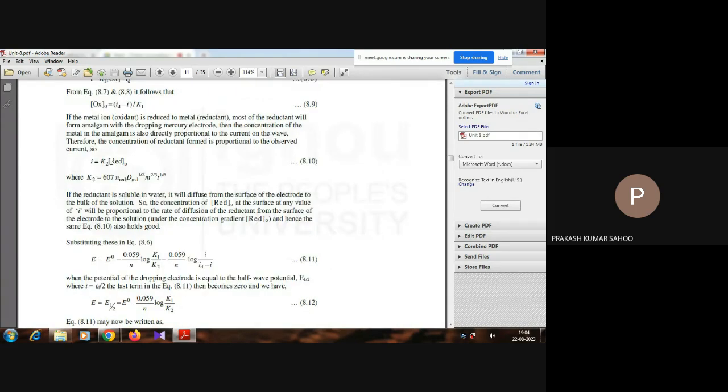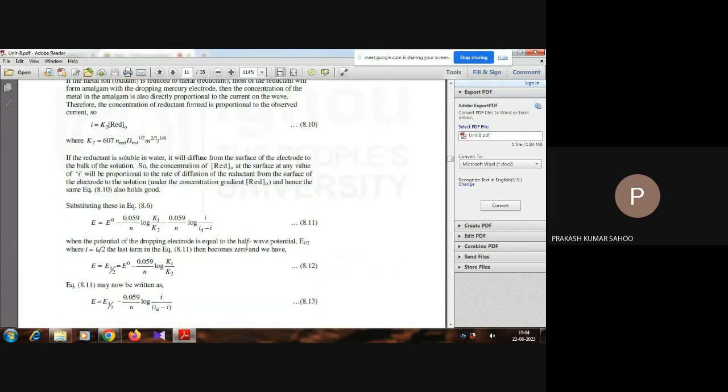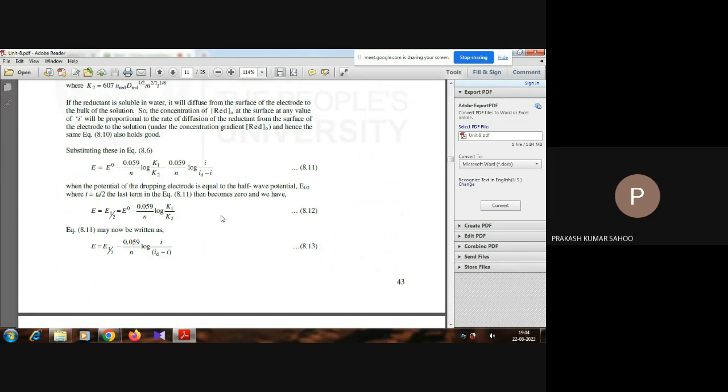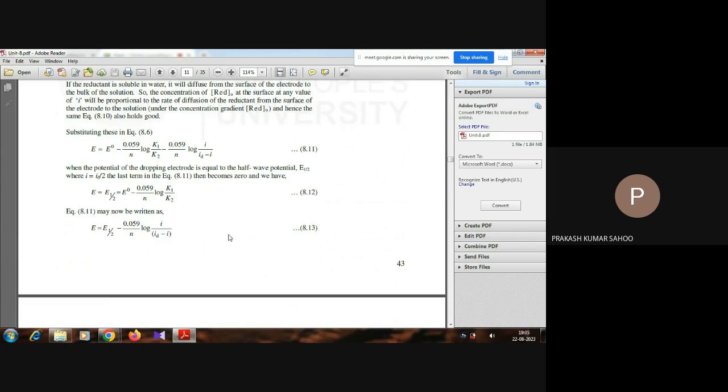Similarly for reduction, we have I equal to K2 times the reductant at electrode, and at the end we replace the reductant by I and the oxidant by ID minus I. So we have the equation E equals E0 minus 0.0591 by n log K1 by K2, which is a constant, minus 0.0591 by n log I by (ID minus I).